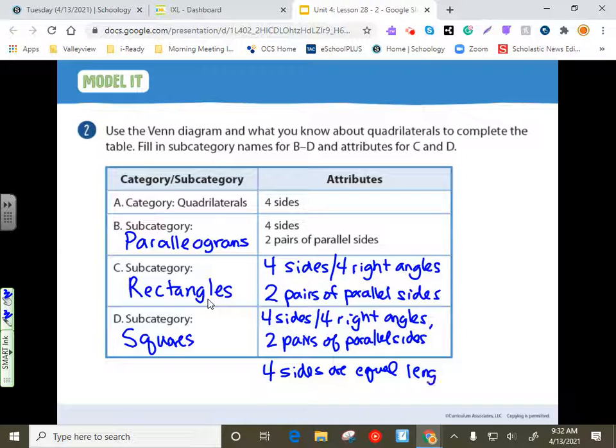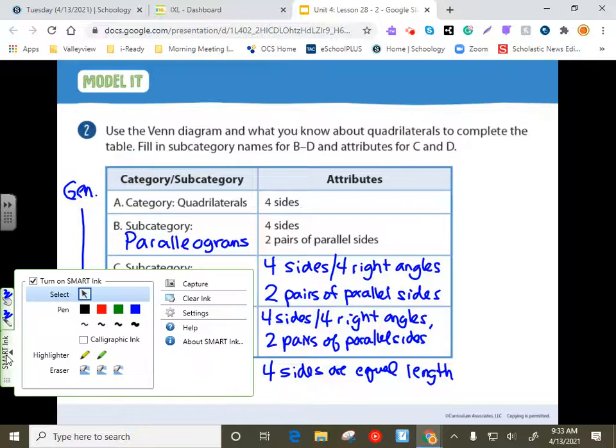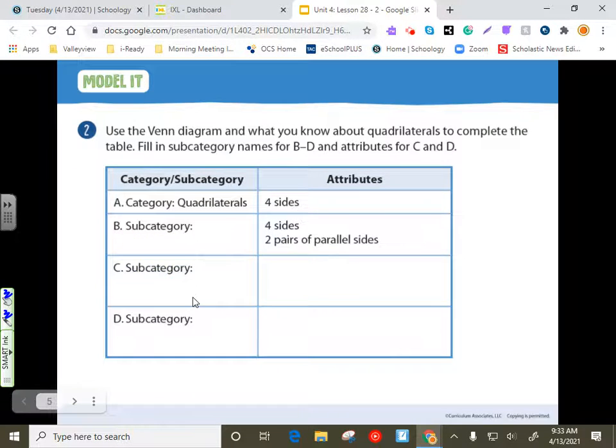Sorry for my sloppy handwriting. Okay, there you go. So that shows you how things can go from really general down to really specific attributes. General to specific. It's your key to identifying shapes.